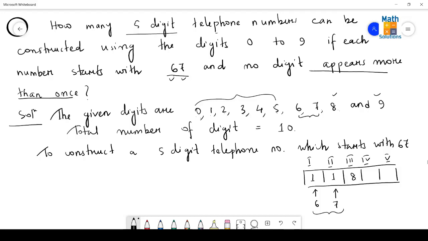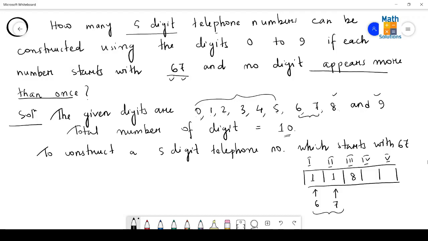Now the digit which is used in this third place cannot be repeated for the fourth one. That means one more digit we are using for the third place. In total 3 digits we have to keep aside from this 10. So how many options do we have in our hand?